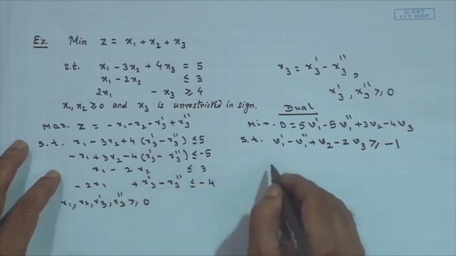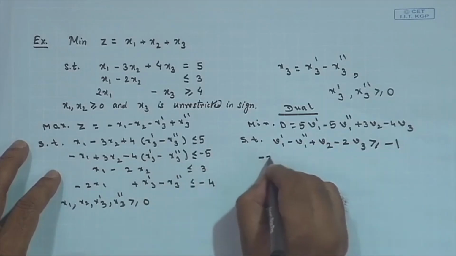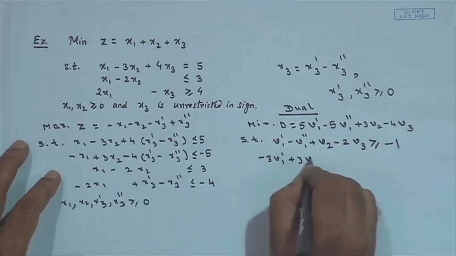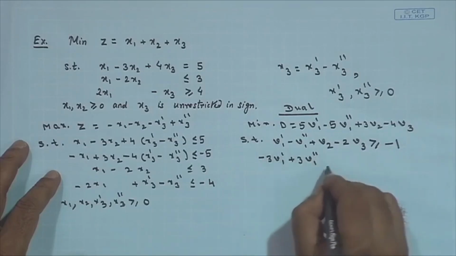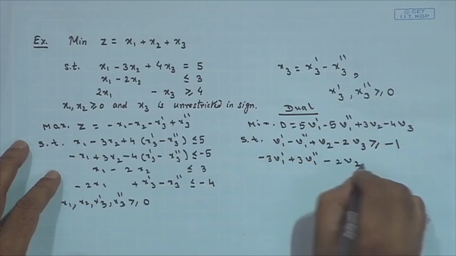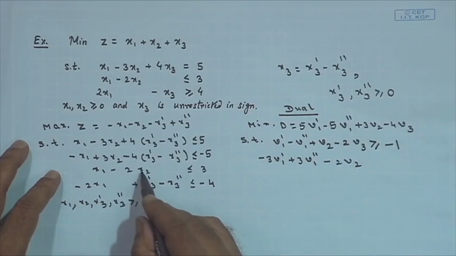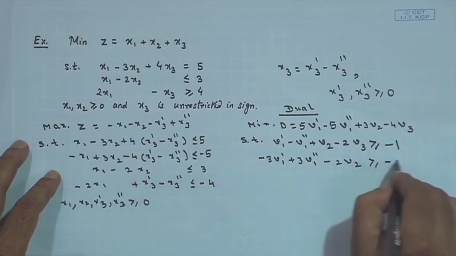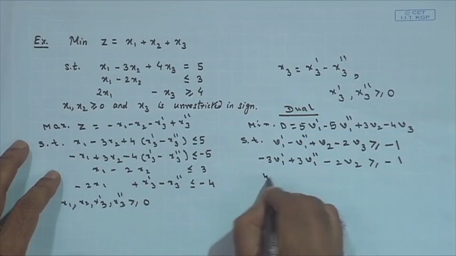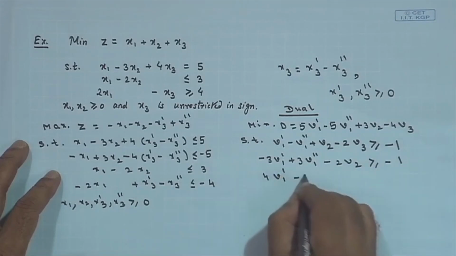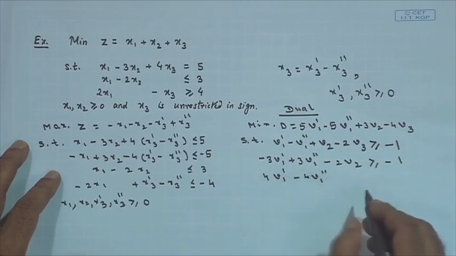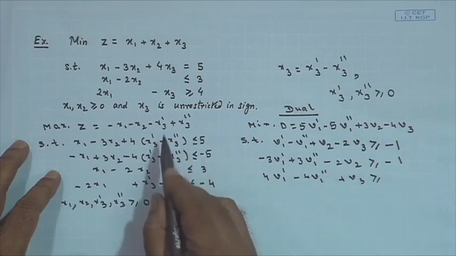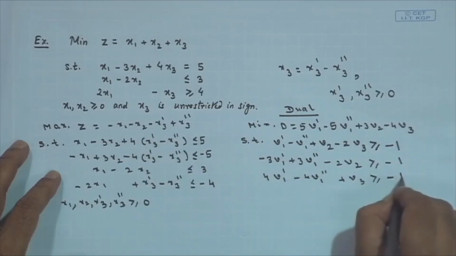So what you will get: minus 3 v1 dash plus 3 v1 double dash minus twice v2, because x2 is appearing here and v3 will not come. This is greater than or equal to minus 1. Next one is 4 v1 dash minus 4 v1 double dash plus v3, which is greater than or equal to minus 1, corresponding to x3 dash.